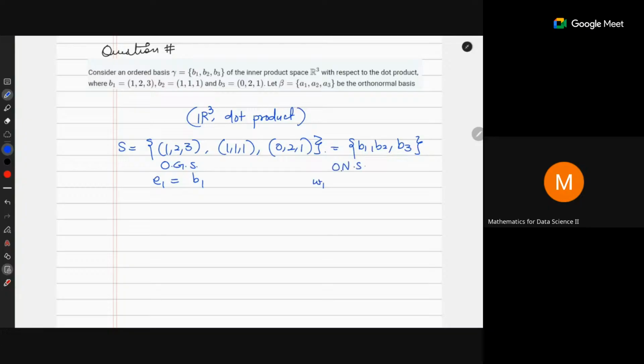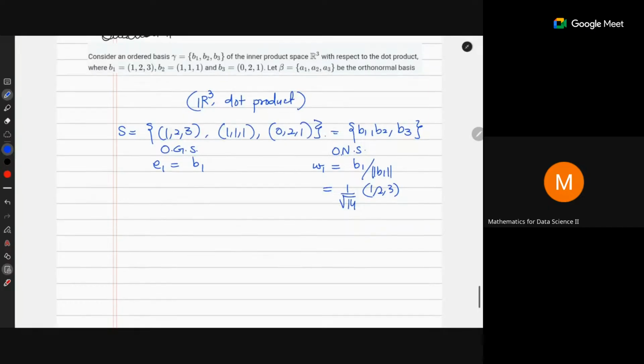My first orthonormal vector will be B1 divided by the norm of B1. This is 1, 2, 3, and the norm is the square root of 1 plus 4 plus 9, square root of 14.